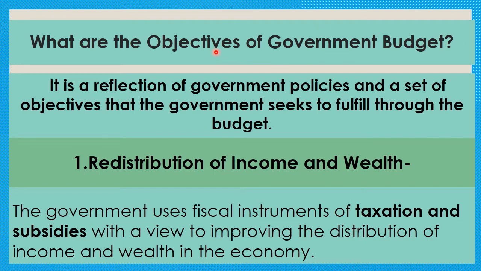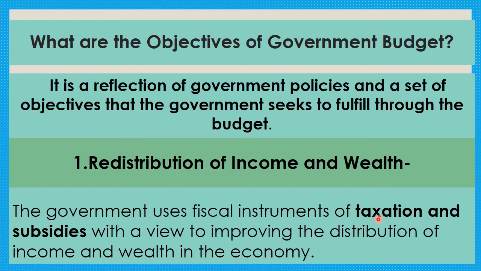What are the objectives of government budget? It is a reflection of government policies and a set of objectives that the government seeks to fulfill through the budget. The first objective of government budget is redistribution of income and wealth.